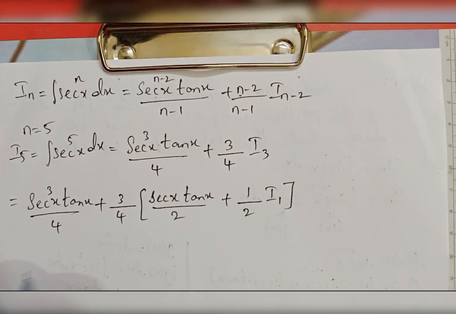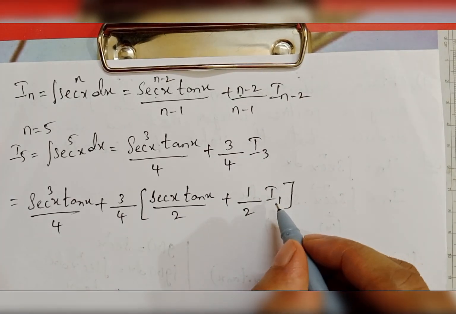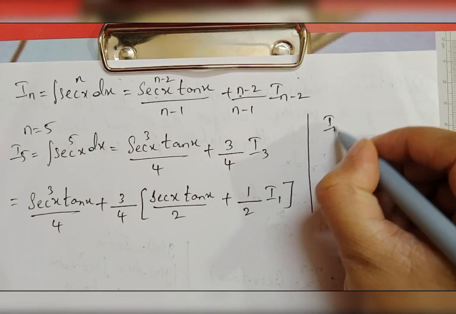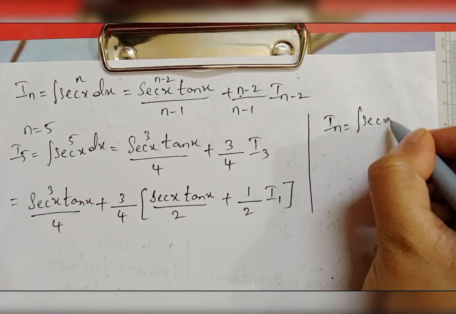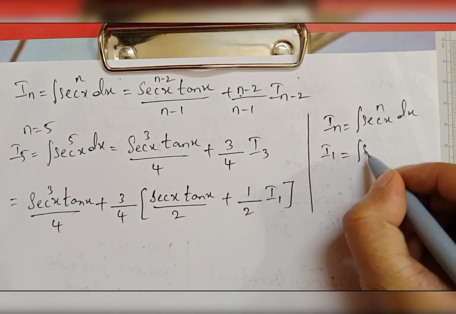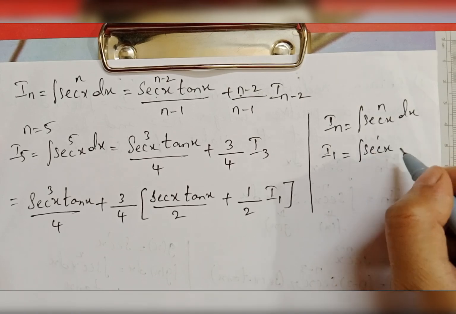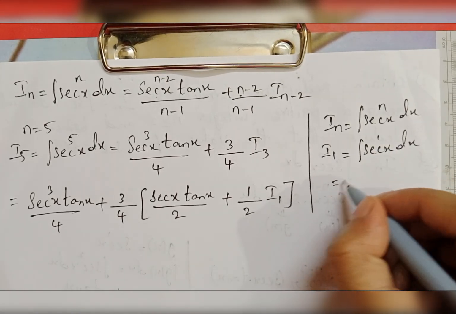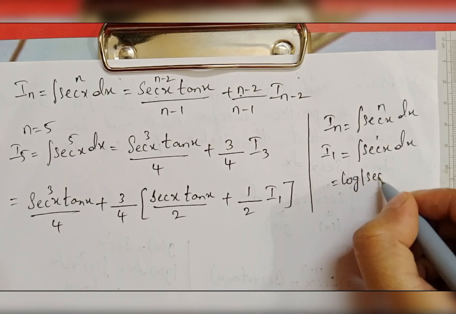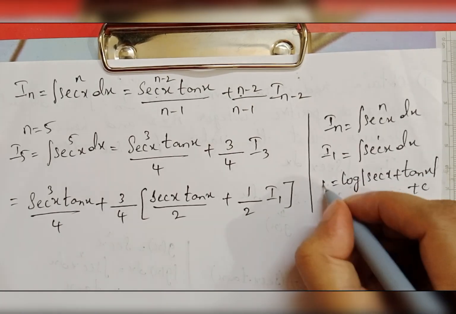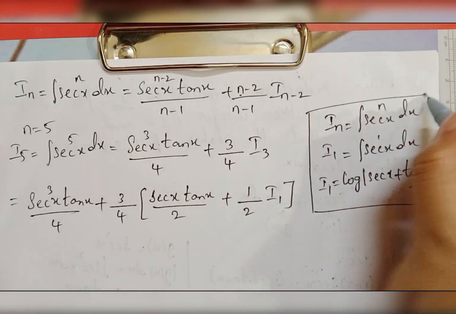Now finding the value of I_1. We know that I_n is equal to integral secant x power n dx. Substitute n as 1, so it is secant x power 1 dx. The integral of secant x is equal to log mod secant x plus tan x plus c. So this is the value of I_1.